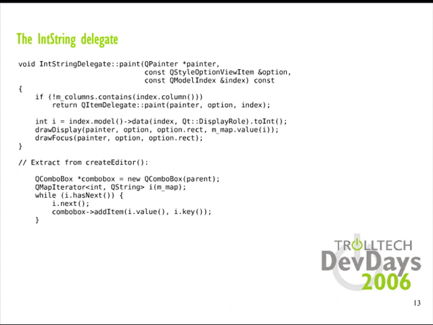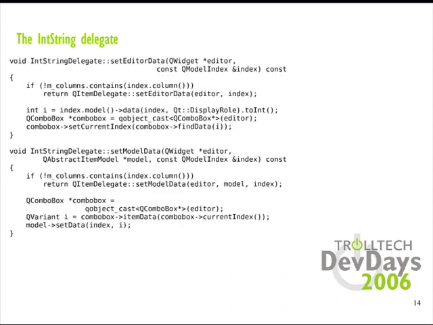So when the editor is created because the user has initiated editing, we then set editor data. And again, the first statement says, I'm only interested in the columns I'm responsible for. Anybody else the base class can handle.